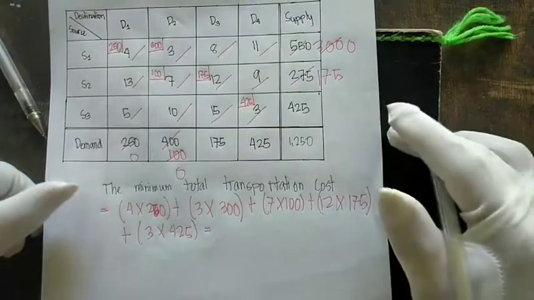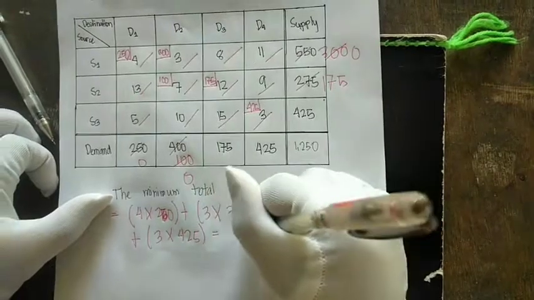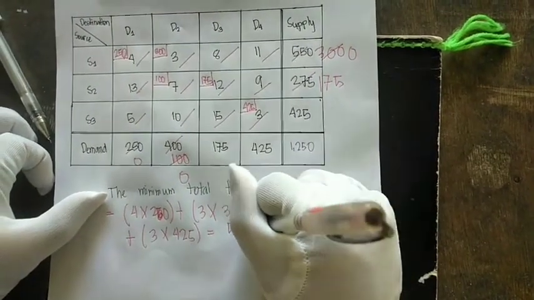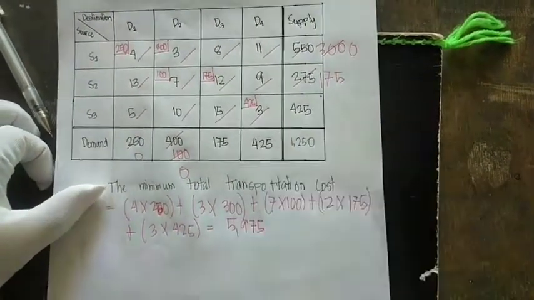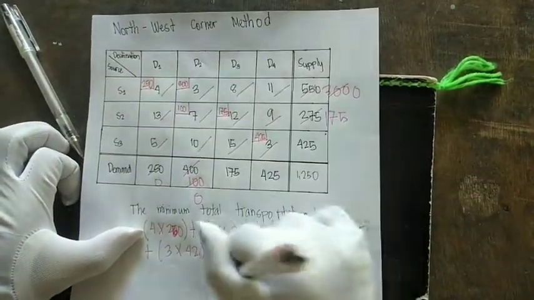So our total cost will be 5,975. This is our total cost for the northwest corner method.